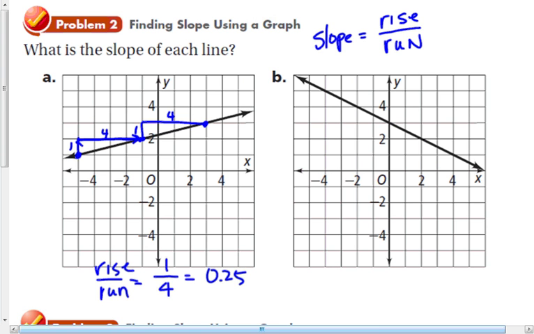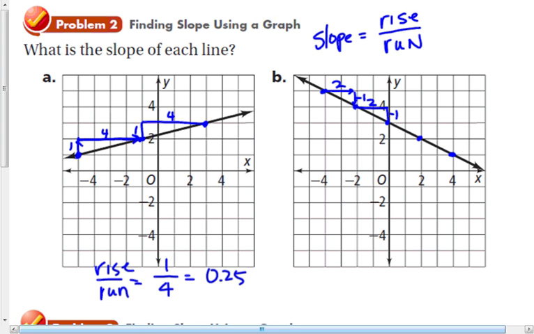All right. On this one, this line is decreasing, and I'll show you how that works out. It looks like dots go out right there. And I'm going right 1, down 1. So right 1 is a positive 1, and down 1 is a negative 1. So I'm going to represent these as rise over run.